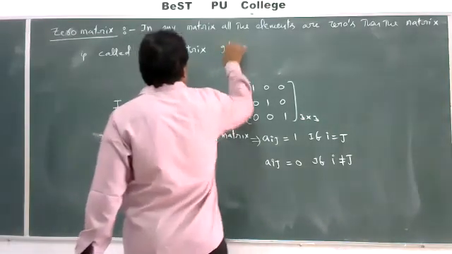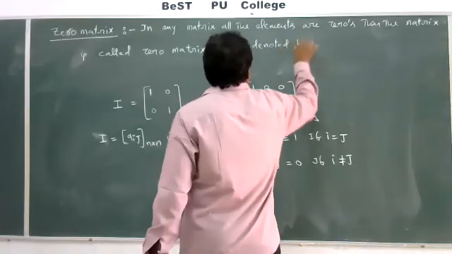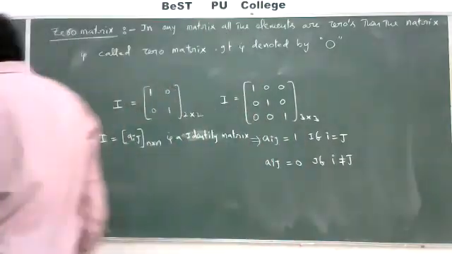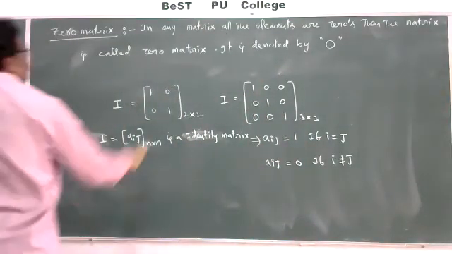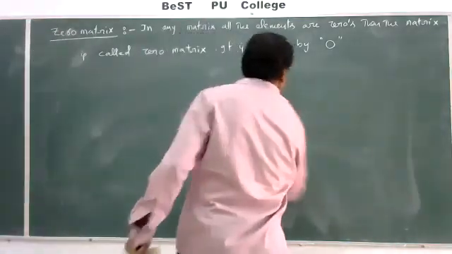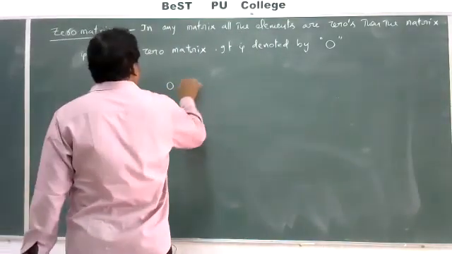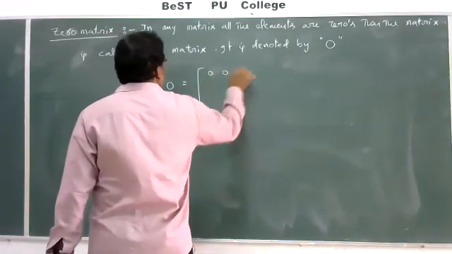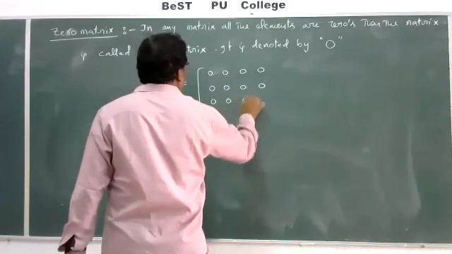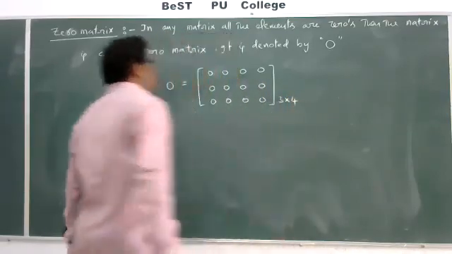It is denoted by O. A zero matrix is always denoted by capital O. That is, O is equal to the matrix with all entries 0, with 3 rows and 4 columns, a 3 by 4 matrix.